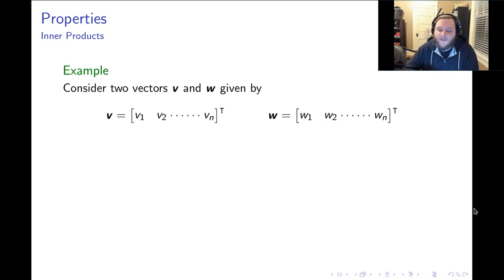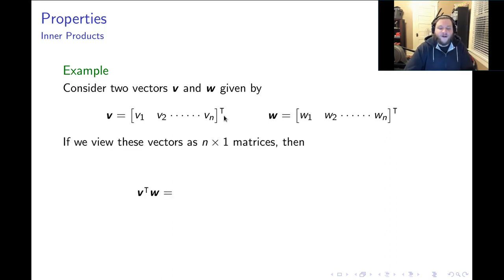Another thing that will turn out to be useful is to view inner products themselves as matrix multiplication. Remember, from our perspective, when we're working with vectors, we're working with column vectors, which are the same thing mathematically as n by 1 matrices. Here we're confronted with two vectors with n coordinates, v and w. Even though we're writing these as rows, we're using this transpose notation, so we can view these as n by 1 matrices.